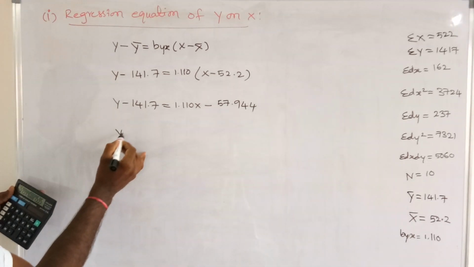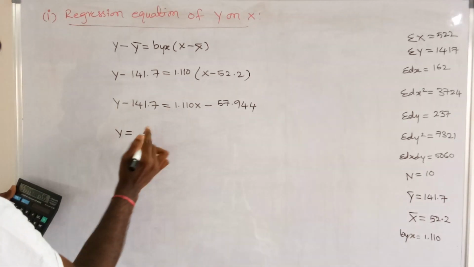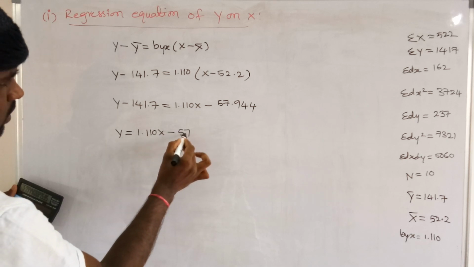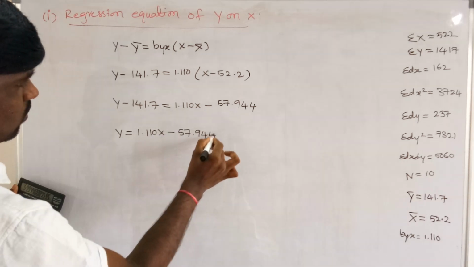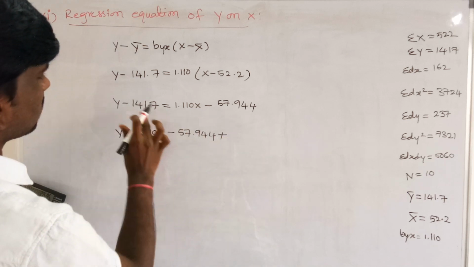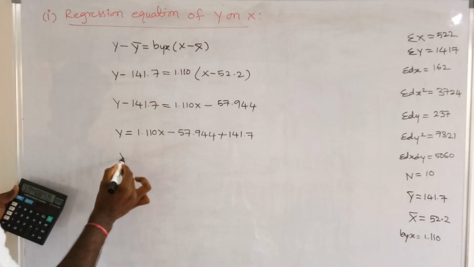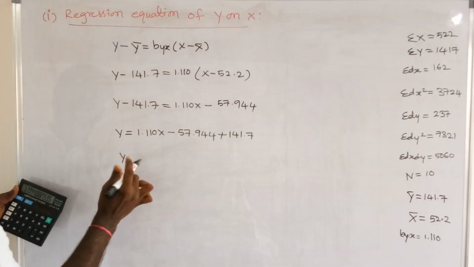Then y is equal to 1.110x minus 57.944 plus 141.7.